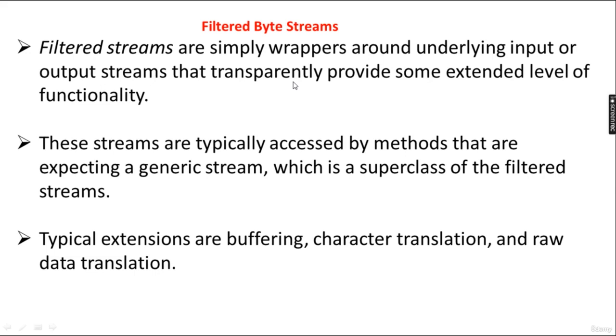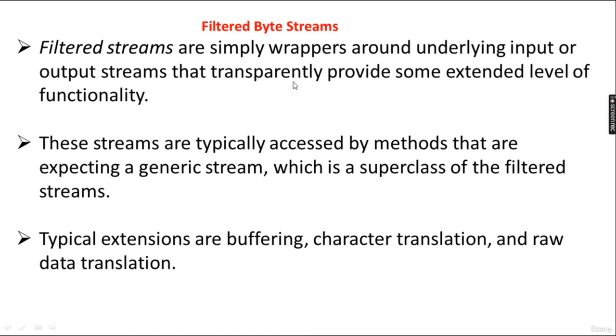Extended means something extra. These streams are typically accessed by methods that are expecting a generic stream, which is a superclass of the filtered stream. Whatever methods expect a generic stream will access this type of filtered byte stream.